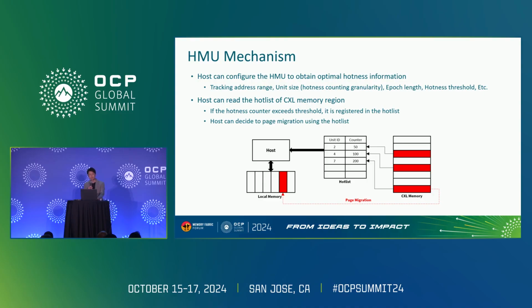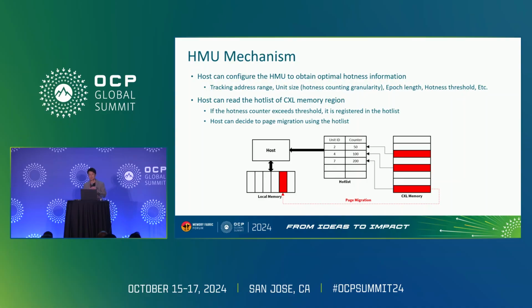In the HMU mechanism, the host first should configure the HMU settings to obtain optimal hotness information. The settings include tracking address range, unit size, epoch length, and hotness threshold. Then our device, our HMU, can monitor the traffic accessing the tracking address range during the defined epoch length and count it based on the memory unit size.